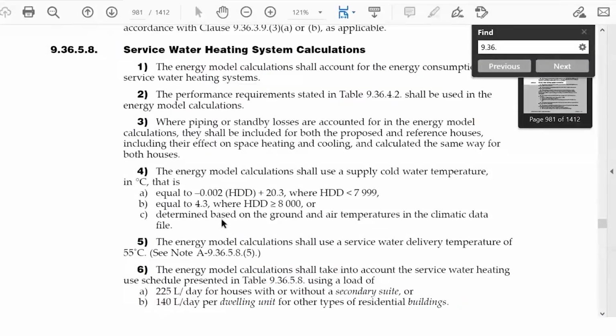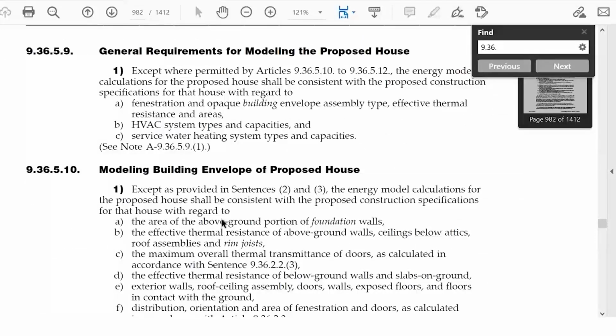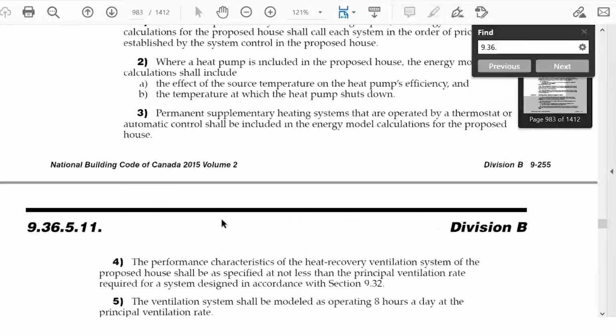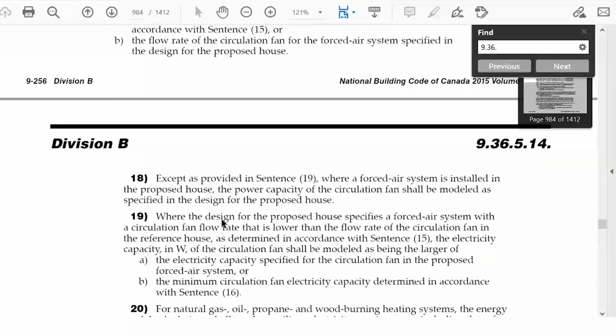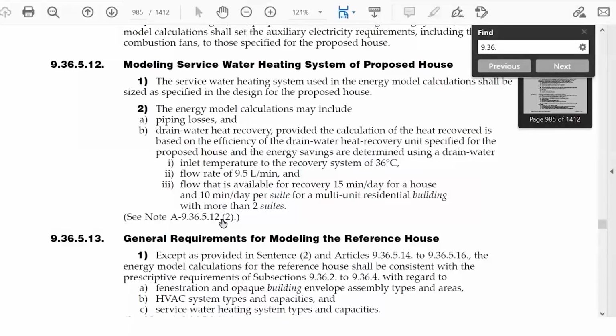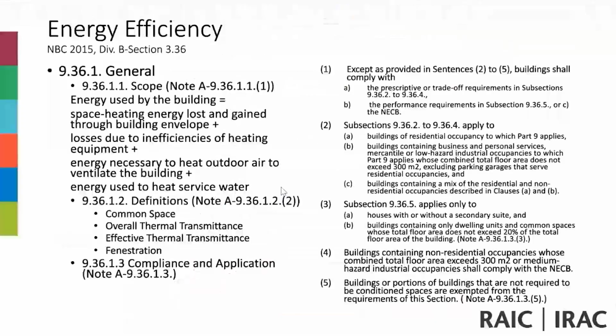HVAC system calculate again, if you're doing it for the different systems for different components, and you're looking at the total energy as it compares to the reference house. I'm not going to go into the details of that. That's a topic on its own.